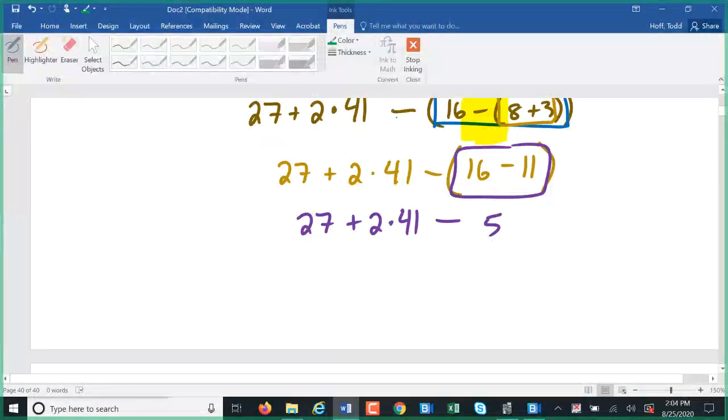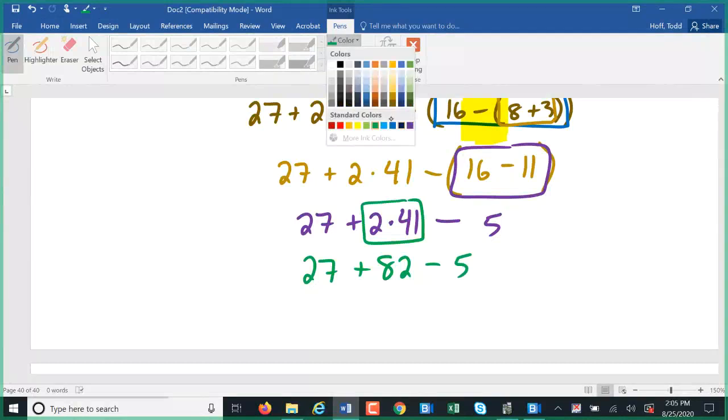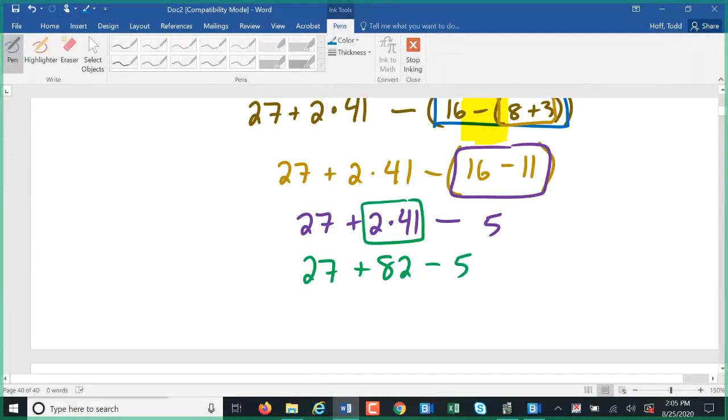Okay, so next we have multiplication and division. We just have the 2 times 41, which is 82. Then all that's left is addition and subtraction. 27 plus 82 is 109.